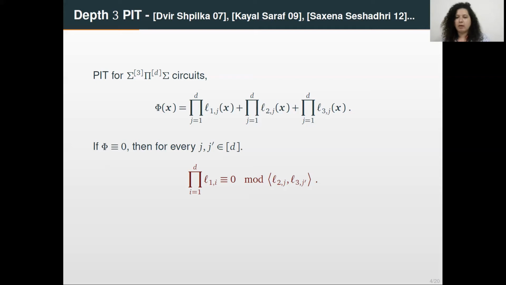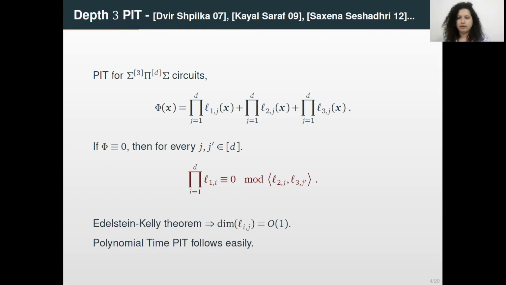So whenever we have a common 0 of L2j and L3j prime, the product of the polynomials in the first product gate also vanishes. And this is true for any 2 polynomials from 2 different product gates. Using the Edelstein-Kelly theorem, which is a mathematical theorem that I will explain in further detail later, you can deduce that the dimension of the affine polynomials involved in the circuit is bounded by a small constant.